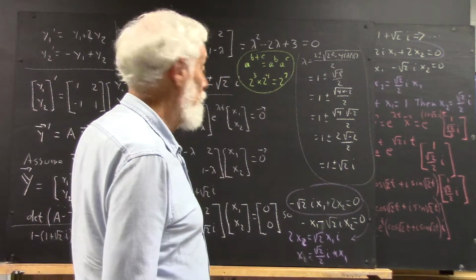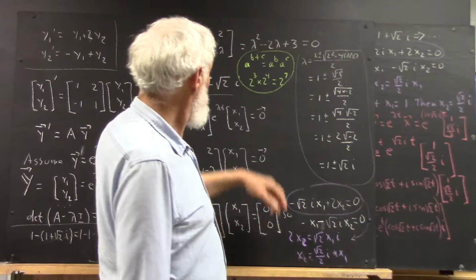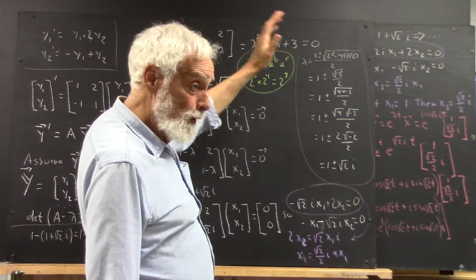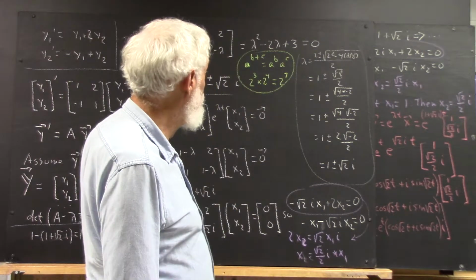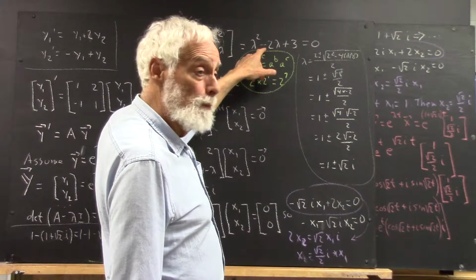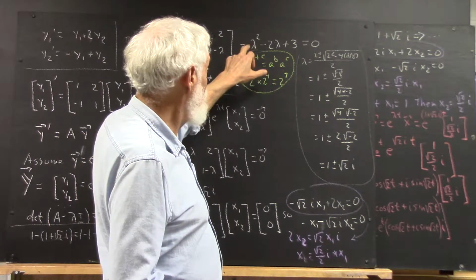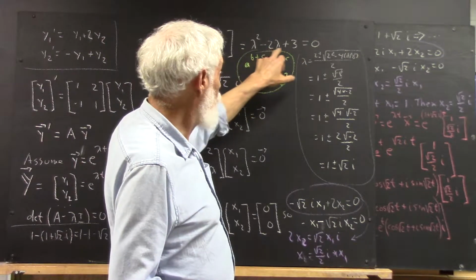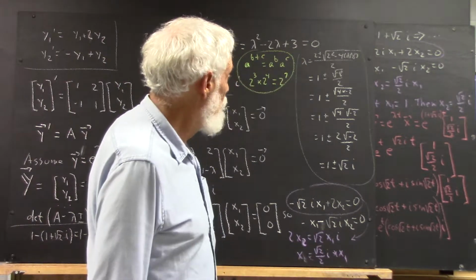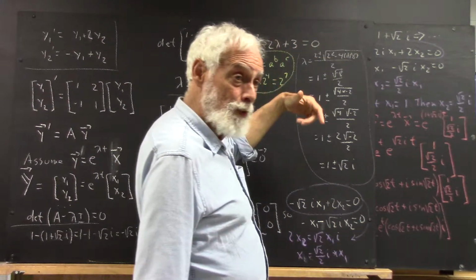First thing we do when we see this equation is we check the discriminant. This is a lambda squared plus b lambda plus c. The discriminant is b squared minus 4ac. Well, b is negative 2, squared, that's 4. But 4ac, a is 1, c is 3, and 4 times 3 is 12. So we're going to get 4 minus 12. Here's our discriminant, negative 8.